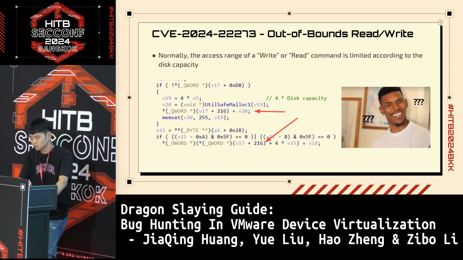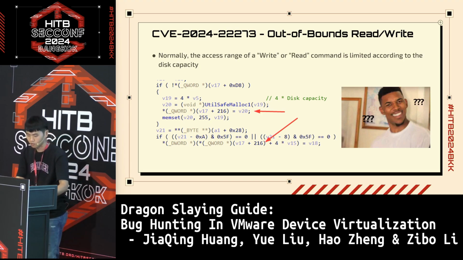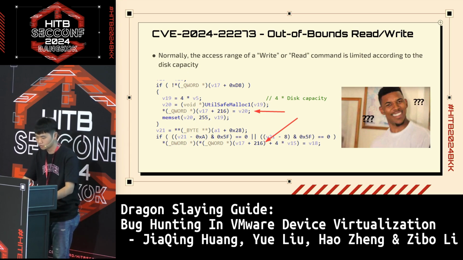VMware did not implement the disk capacity limit check in its disk verification program implementation. As can be seen in the figure, after applying for a heap of corresponding size according to the disk capacity, only the operation is checked to see if it is a read or write operation.